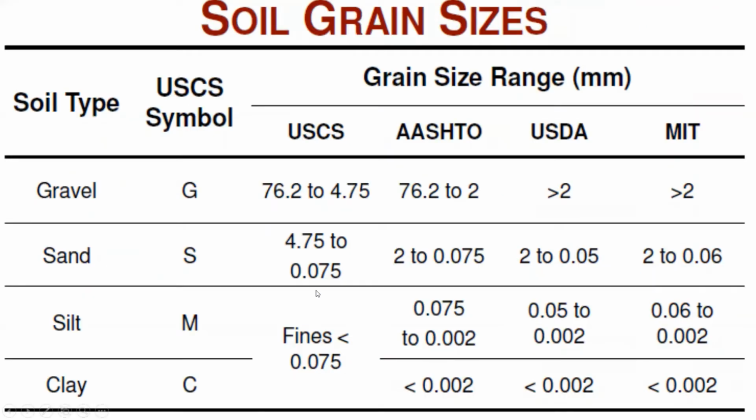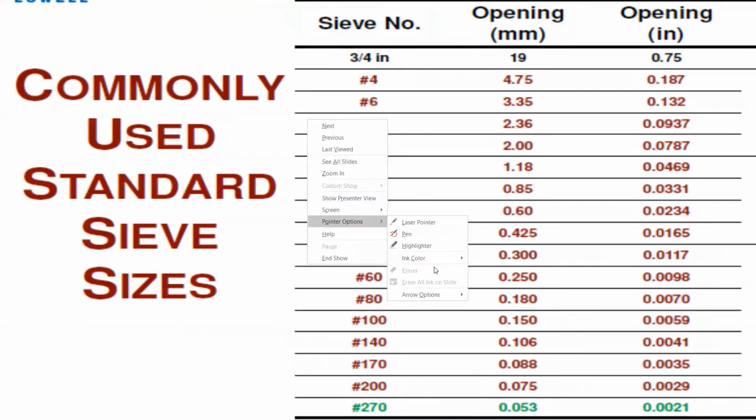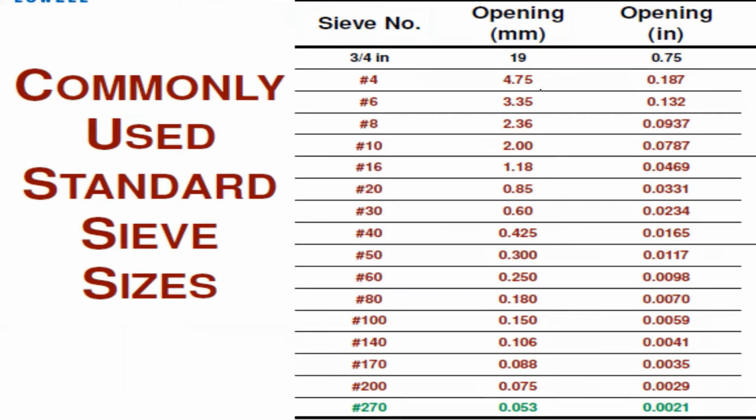4.75 to 0.075, and let me take a pointer over here. I will explain that after passing 4.75, up to this 0.075, you will get only sand. You have to keep this in mind.